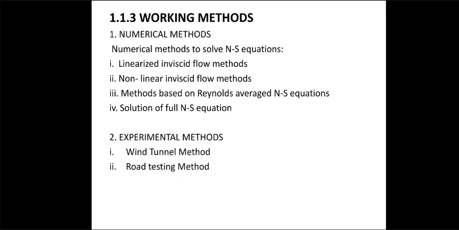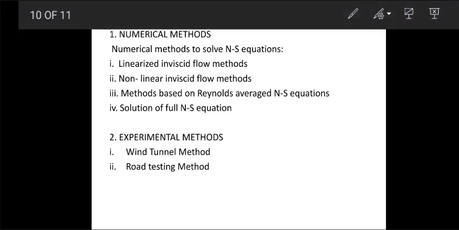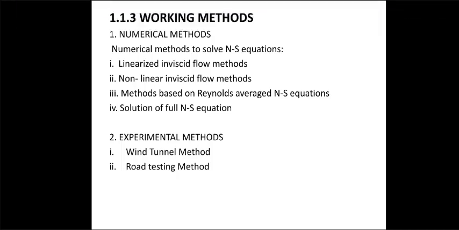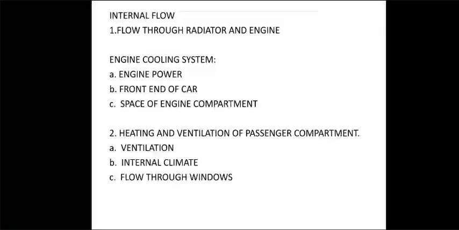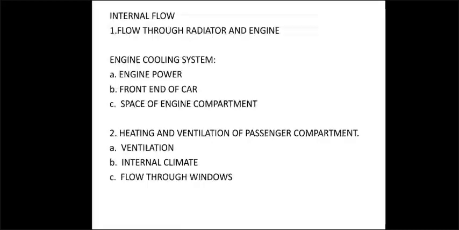This you have done, but we need to do in depth in the upcoming chapters. Here in short I will just be listing what the forces are and what the different types of flow are. So internal and external flow.